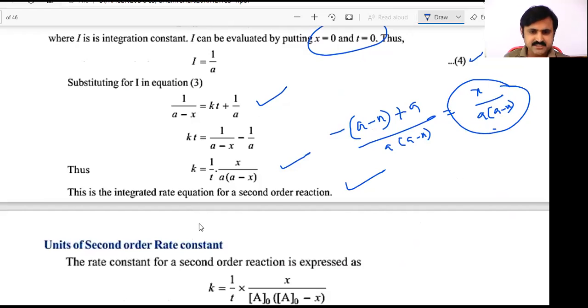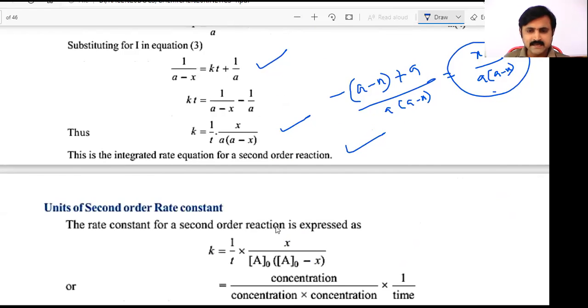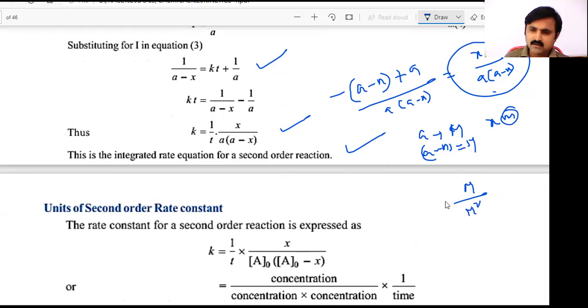And for this reaction, if you are trying to find the units of the rate constant, a minus x and a units are concentration units only, suppose molarity. A minus x units are also molarity, and x units are also molarity. So molarity by molarity square, 1 by T, T means time. Here what will happen?